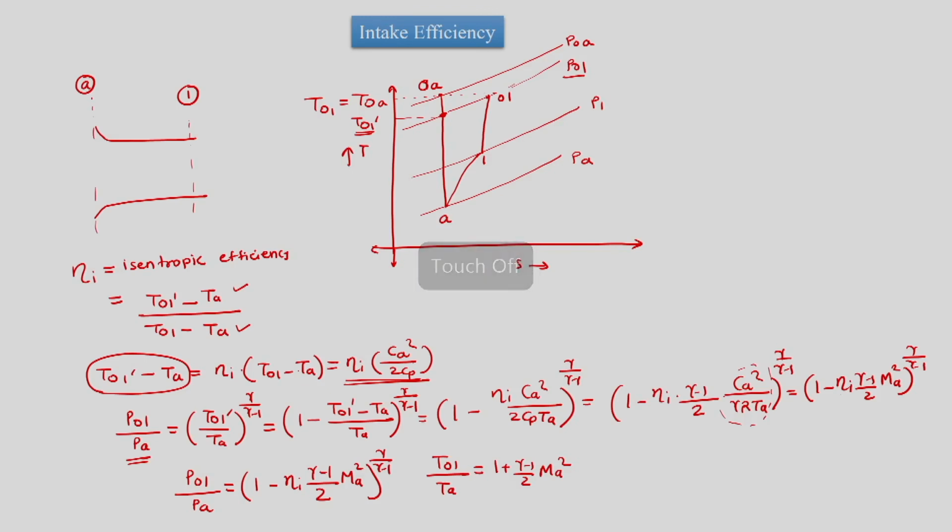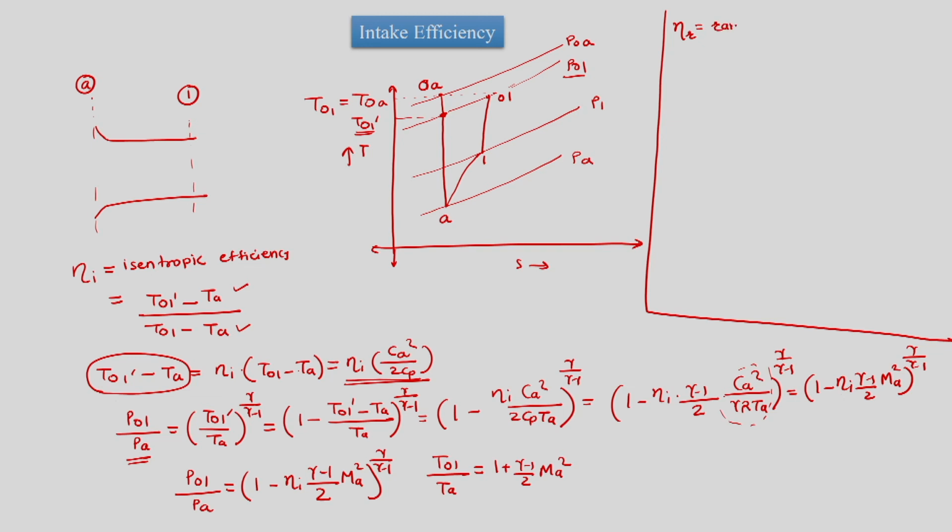Further, having said this, we need to define one more efficiency for the intake, which is called RAM efficiency, and RAM efficiency is defined on the basis of pressure rise: P naught 1 minus Pa, which is the actual maximum pressure rise, divided by the ideal maximum pressure rise.